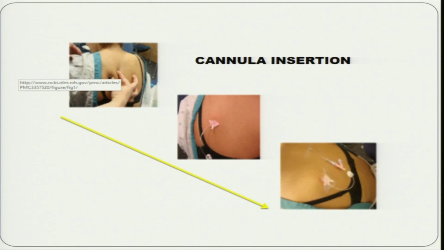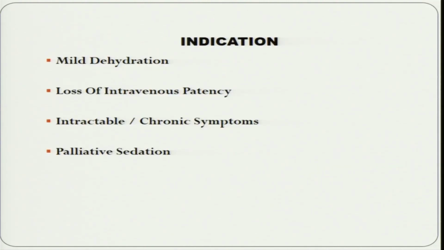You pinch the abdomen, skin and subcutaneous tissue in your hand and insert the cannula at 45 degree angle till you pierce the epidermis and dermis and enter into the subcutaneous tissue. Fix the cannula, and the cannula's distal end has an injection port through which you can attach the syringe and give injection, or you can attach an IV set and give infusion.